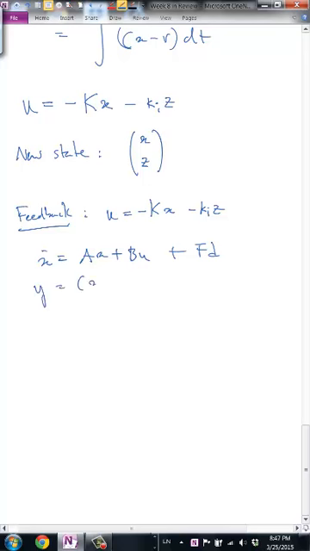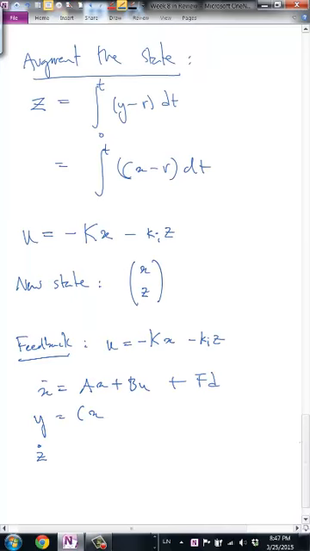Y is equal to Cx. And z dot, what is that? If z is equal to the integral of Cx minus r, z dot is just going to be what's under the integral sign. So z dot is just going to be Cx minus r.